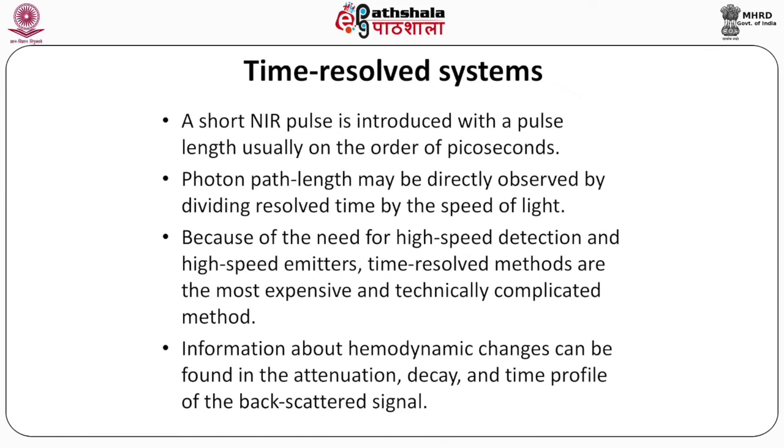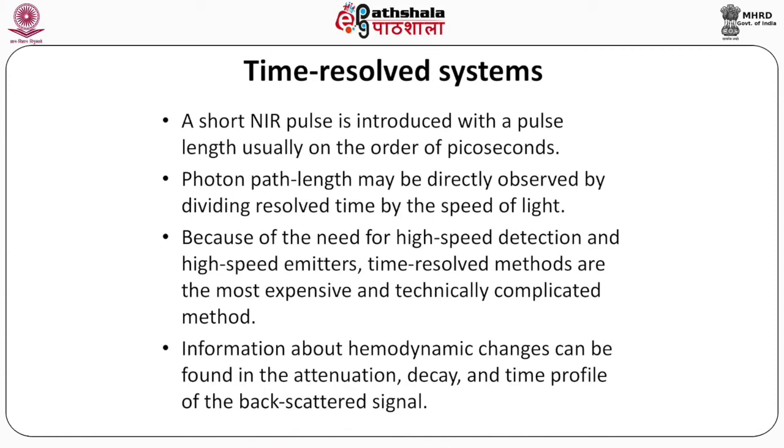First, the time resolved system. A short near infrared pulse is introduced with a pulse length usually on the order of picoseconds. Photon path length may be directly observed by dividing the resolved time by the speed of light.